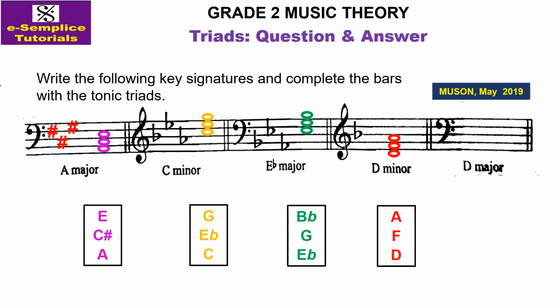The last but not the least, D major. What is the key signature for D major? F sharp, C sharp. Figure out the triad.